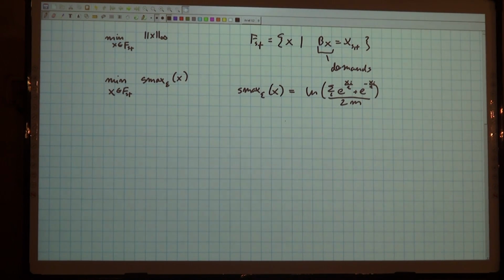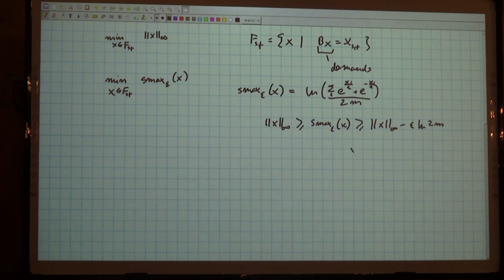Again, as I showed as an exercise, and I really would encourage you to do it just to get a feeling of what's going on, you can show that this thing is always upper bounded by the L infinity norm, and always lower bounded by the L infinity norm minus epsilon natural log of 2m. So this is our proxy.